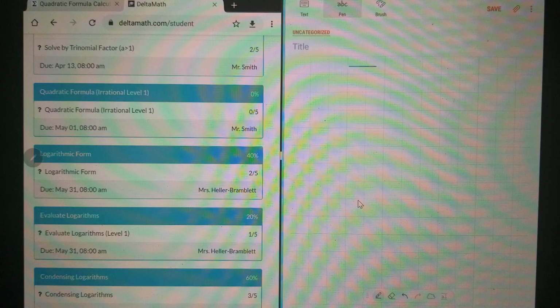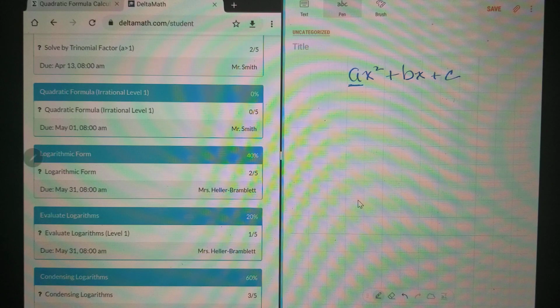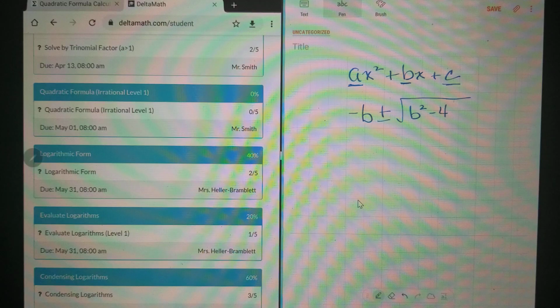Just to review really quickly, here is our standard quadratic equation, and our quadratic formula takes the a, the b, and the c, and it puts it into this nice little fill in the blanks formula that allows you to calculate the answer.